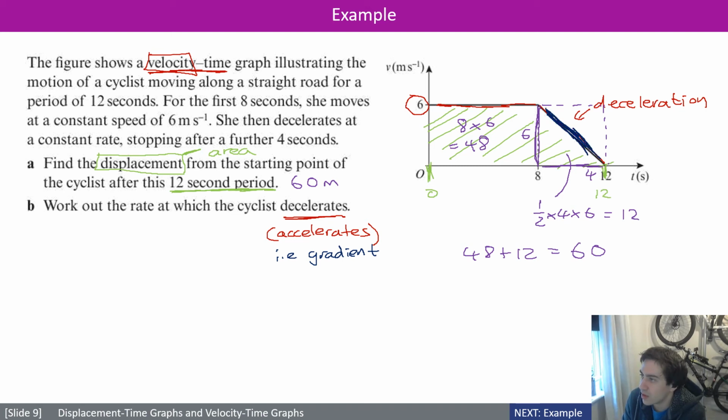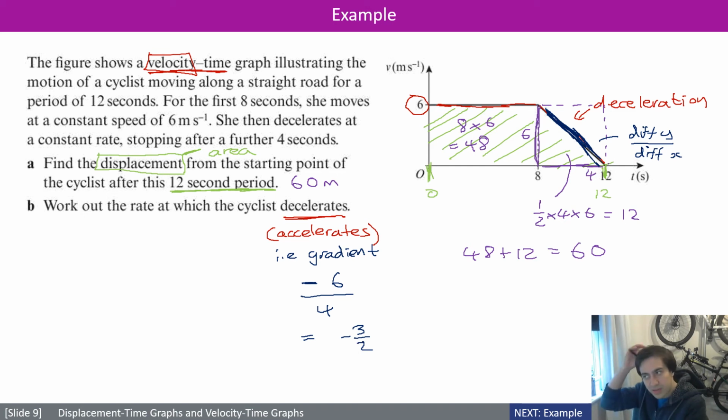So the gradient of the line is difference in y over difference in x. We can see that it's gone down 6, and in the x direction it's gone upwards by 4. It's increased by 4, so -6 over 4 is -3 over 2.